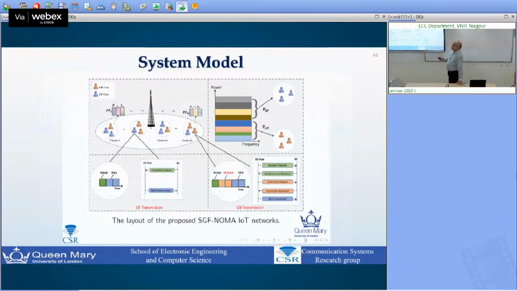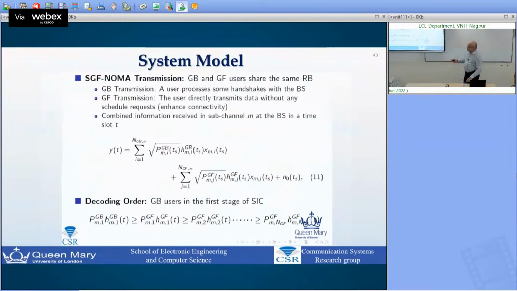So now the question is, how many grant free users could the base station allow? It cannot allow an arbitrary number randomly, because it will affect the quality of service of the grant based one. So while maintaining the quality of service of the grant based one, the remaining you can use for grant free.